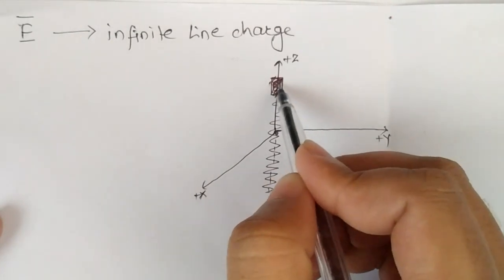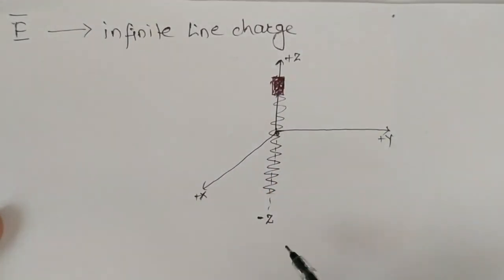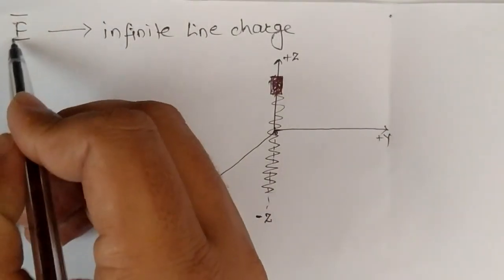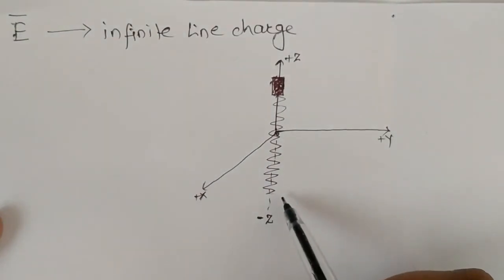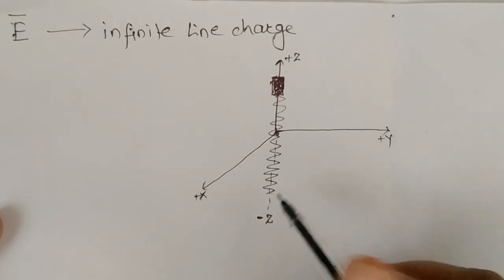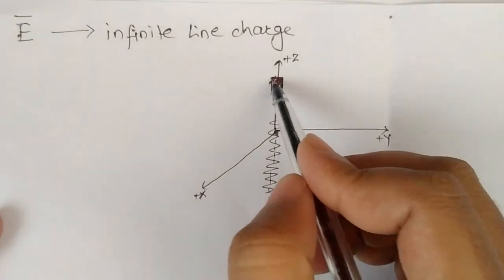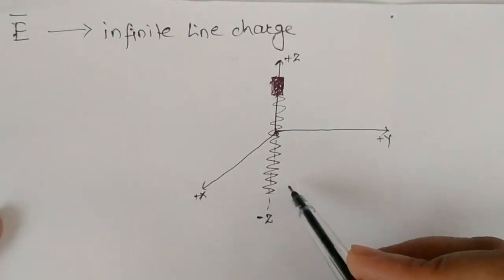No doubt the final value of this electric field intensity E bar will totally depend on the infinite length of the line charge. So we are considering this much length of the infinite length of the conductor.